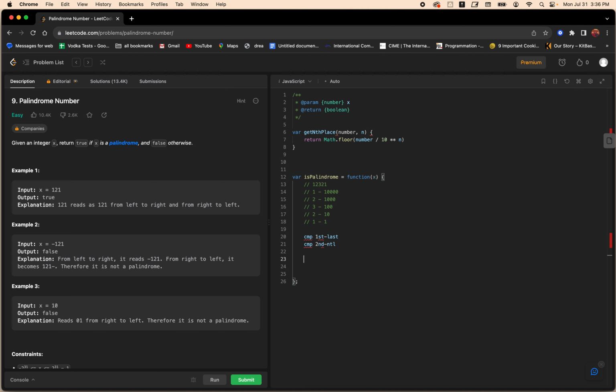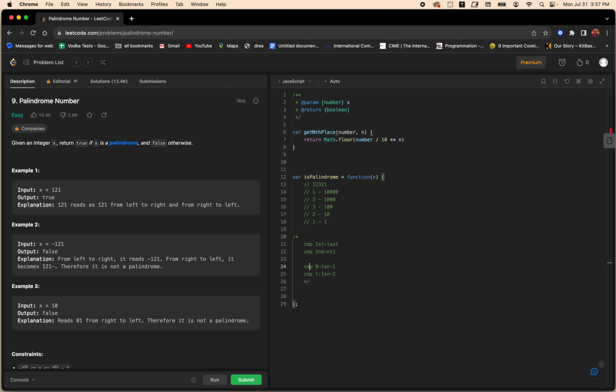Let's rewrite this as compare 0 to len minus 1, compare 1 to len minus 2. This is how I would do it if it was a string. Please excuse this nonsense pseudocode that I'm writing here.